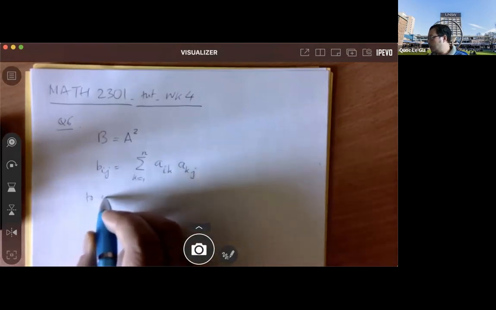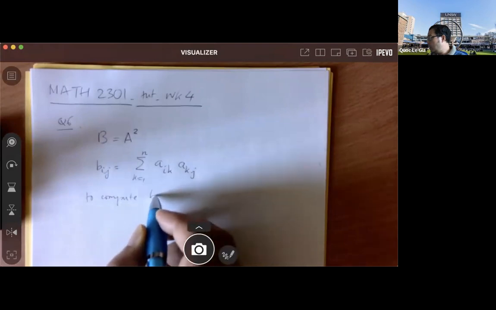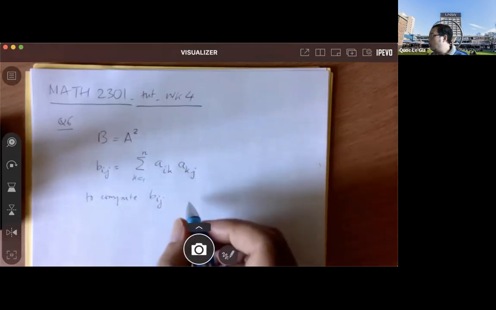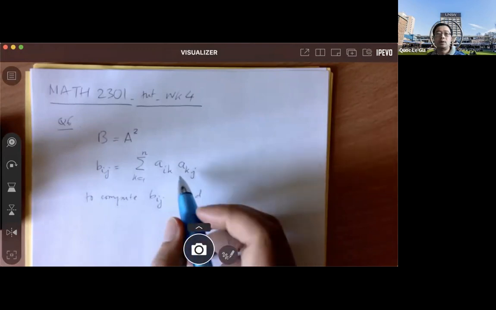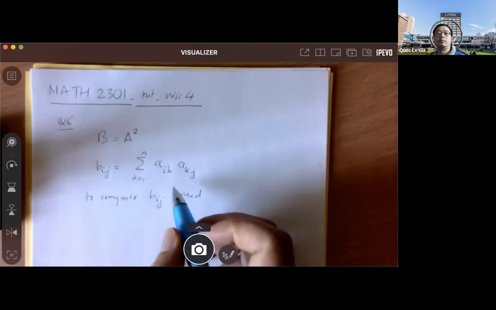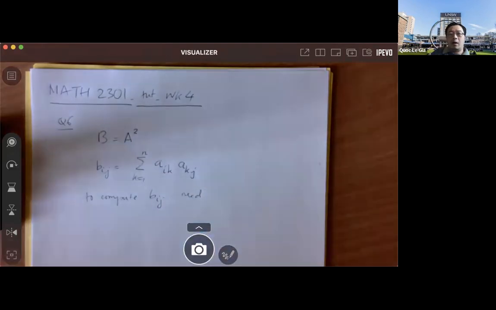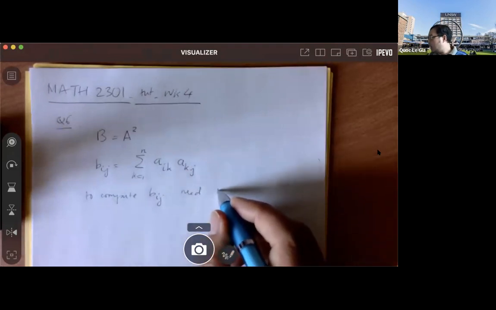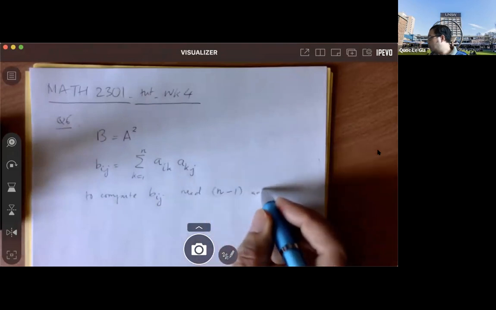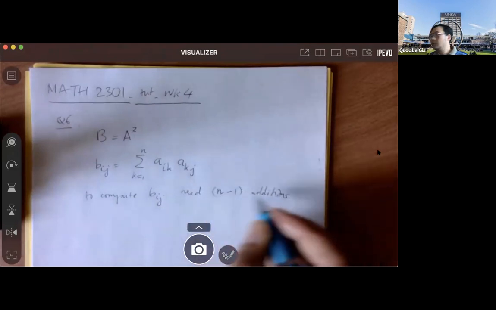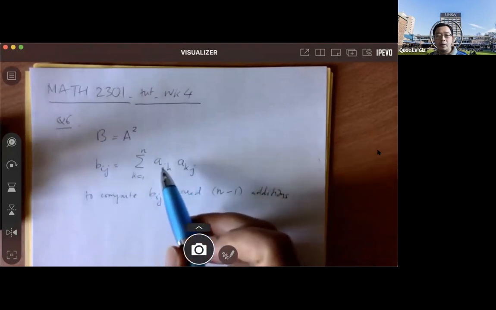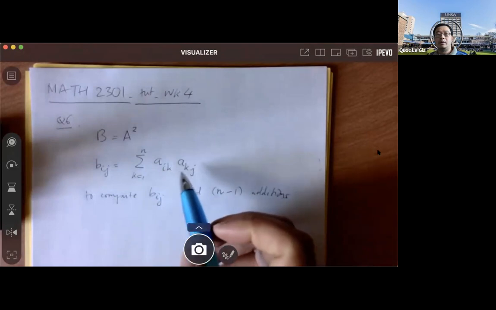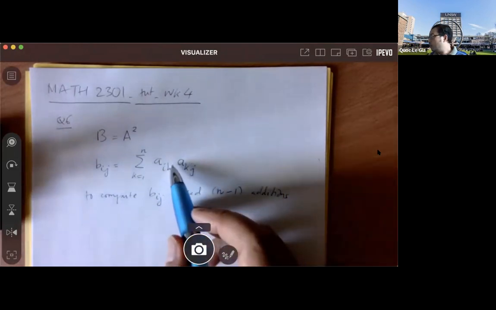To compute b_ij, you need how many additions? How many multiplications? Well, we need n, I mean little n. So strictly speaking, n minus 1 additions, right? Because you add term 1 and term 2, then you got only n minus 1 additions. But then you have to multiply n times, right?